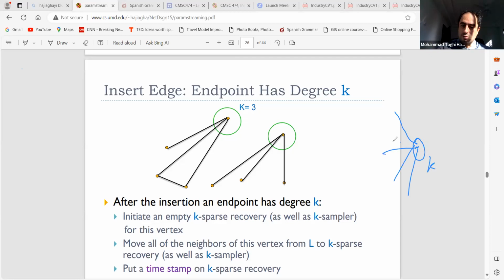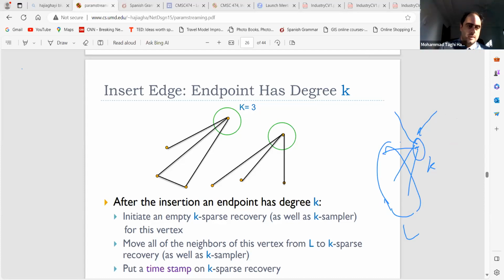Then all these edges so far, which have been in L, you will just remove all of them from L, and then you will create a sparse recovery which has these k edges inserted. And you will also put a time stamp. This is important for the deletion part. You will record at what time you created it. The time stamp is essentially the number of operations that came so far.